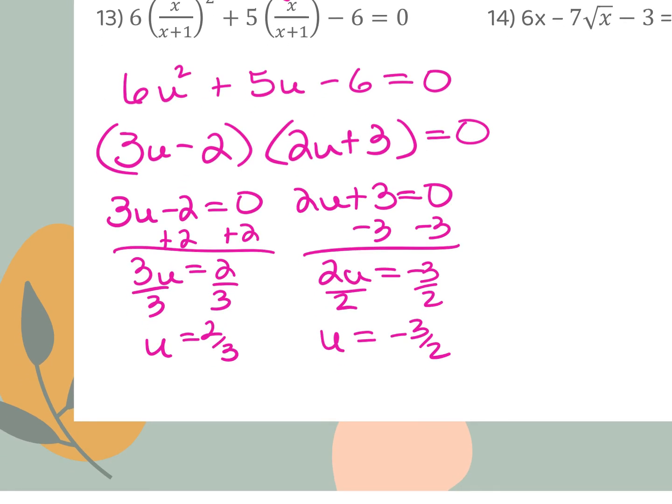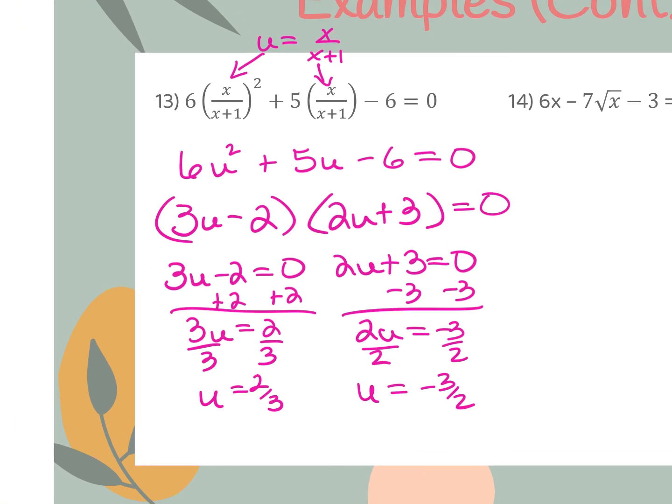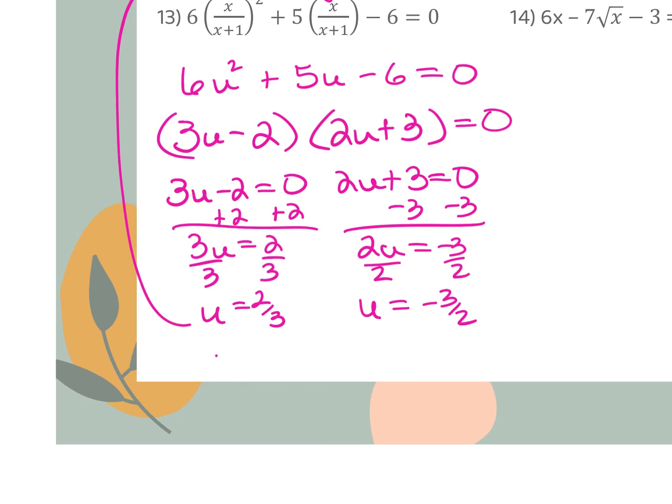Again, I don't want u, I want x. So now I got to substitute back in what I had set u equal to, which is always that middle term. So I'm going to do x over x plus 1 equals 2/3, and x over x plus 1 equals -3/2. And I'm just going to move the negative sign to one of the numbers.